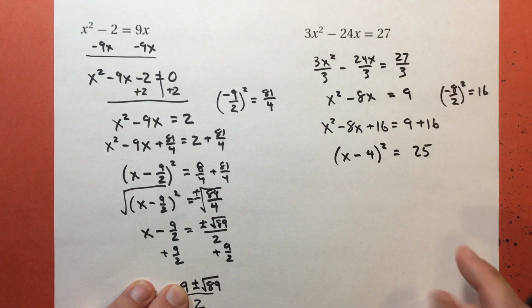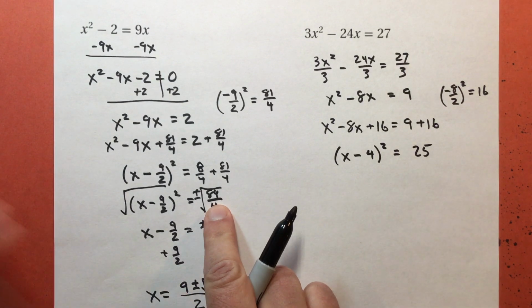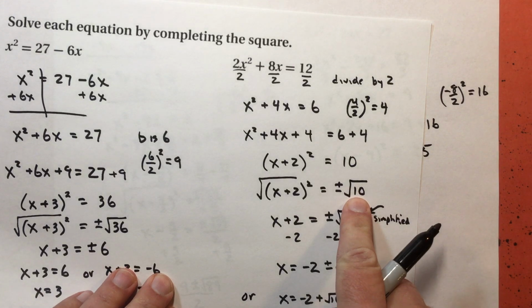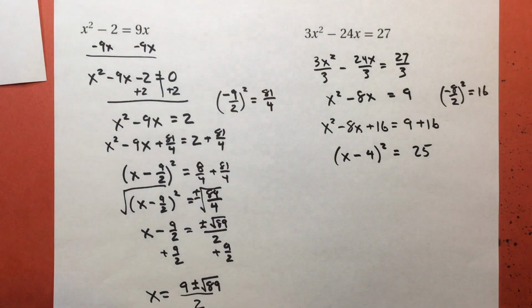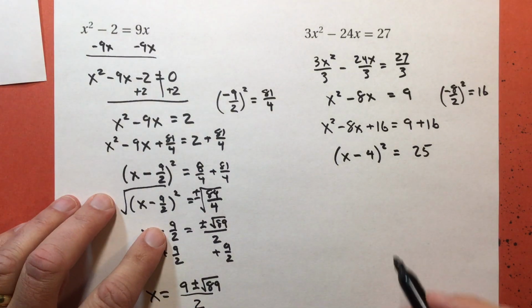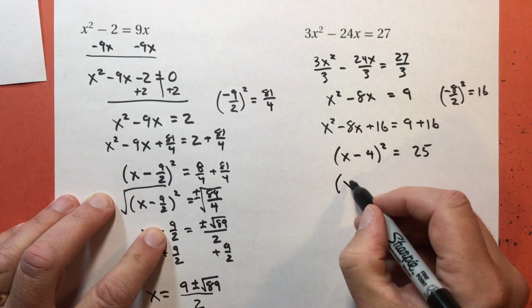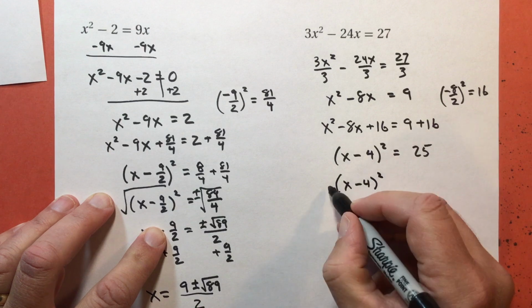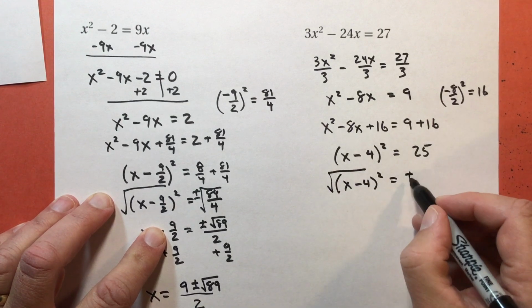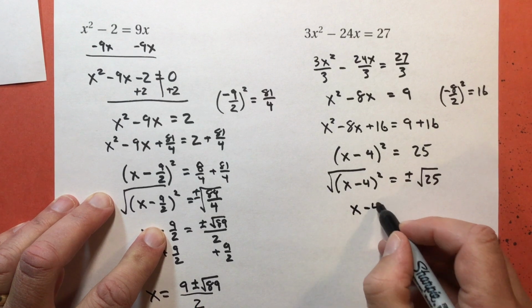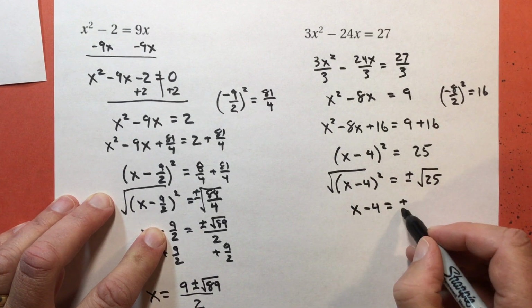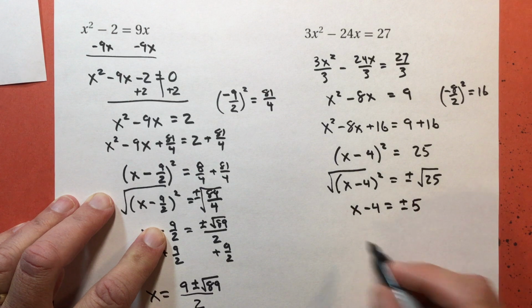It doesn't have to be a perfect square like we did over here, and for the last one I didn't have a perfect square, but when it does equal a perfect square, it just makes the steps a little bit easier. I'm going to take the square root. Don't forget the plus or minus. And I get x subtract 4 equals positive 5 and negative 5.